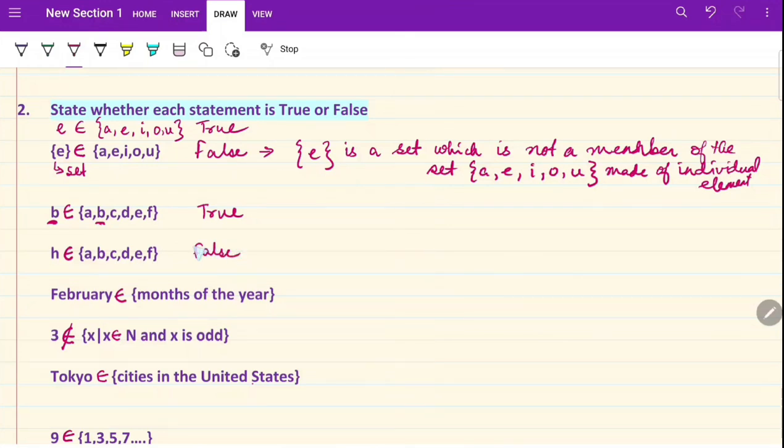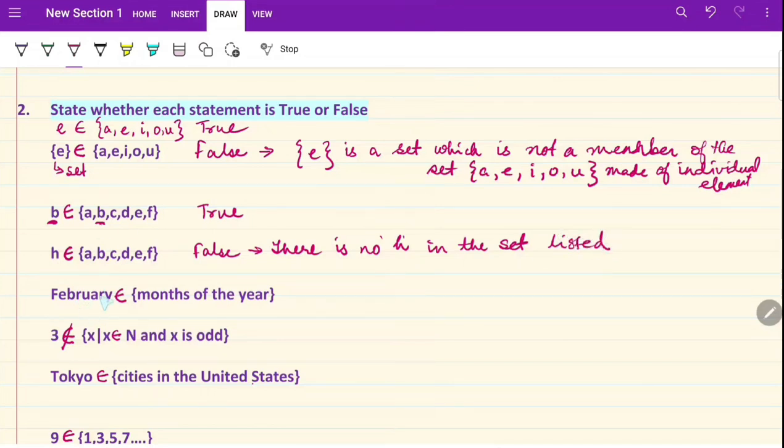Why? Because within the set, there is no element which is H. Therefore, this is a false statement, since there is no H in the set listed.